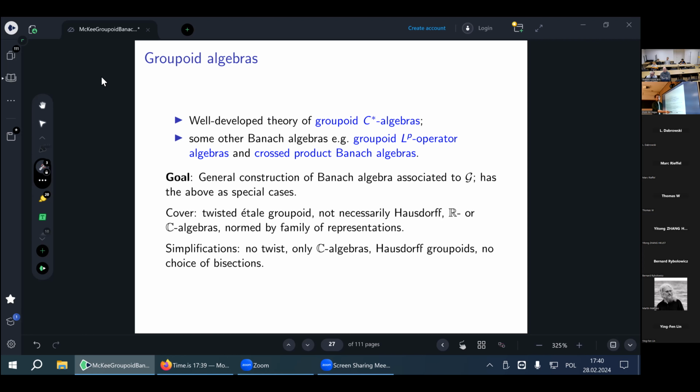I'll also stick mostly to the Hausdorff setting. And for the definition of the norm in the paper, we have to choose a family of bisections of the groupoid in general. I will avoid having to make this choice by choosing all bisections as my choice.